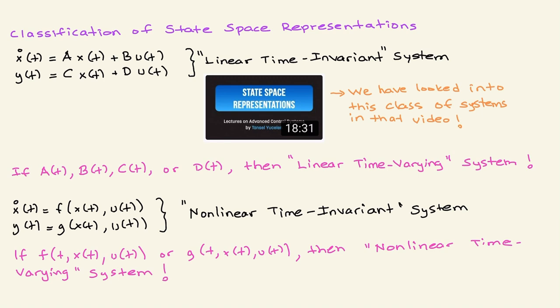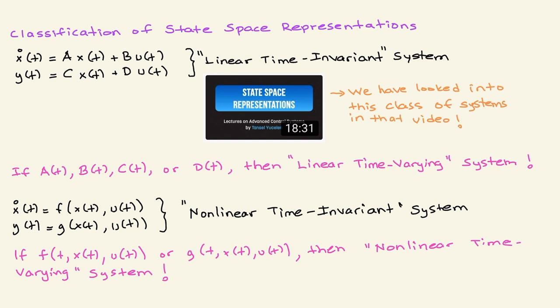Now, if the equations of motion that you start with are nonlinear, and it is not possible to put the system into this form, then you need to deal with these functions. Again, I will do examples immediately in this video. Then you are looking at nonlinear time invariant systems.